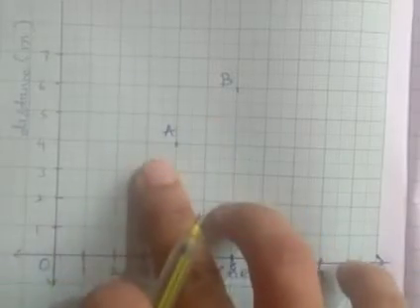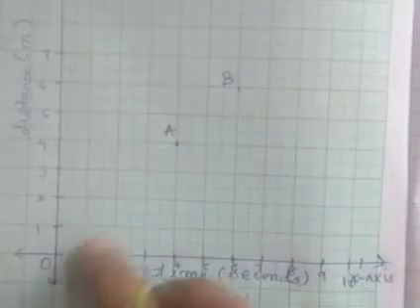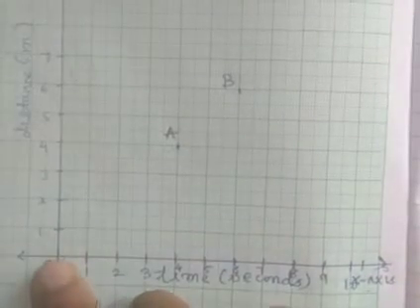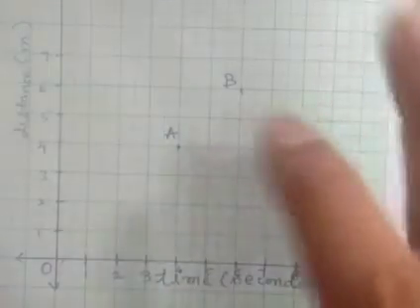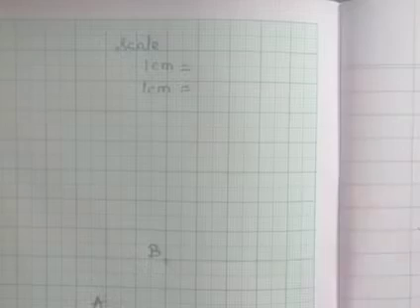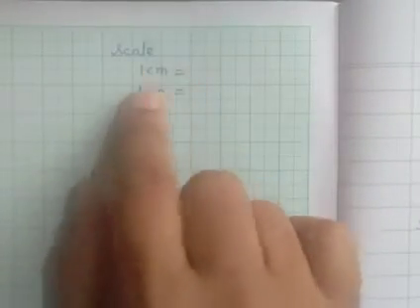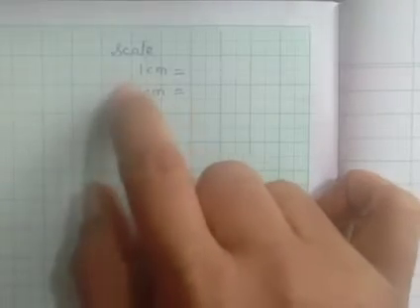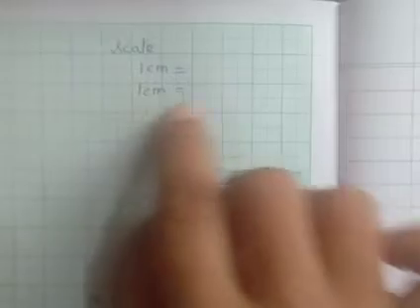Here we have taken the 2 points A and B. Now let's suppose a car has started from O and reached a certain point. How can we find out the speed? Let's try that also. But before we go into the next part, we need to write a scale like this, as I mentioned to you. So first you have to write the scale on the x-axis as well as on the y-axis.